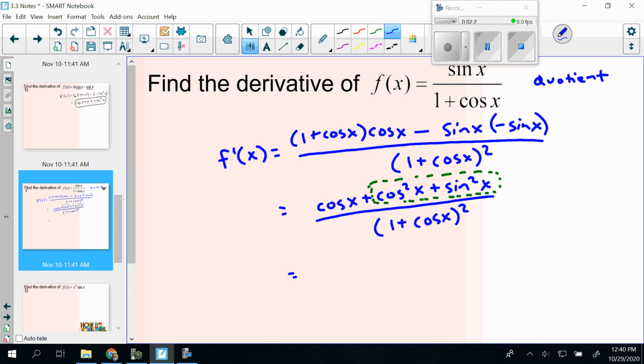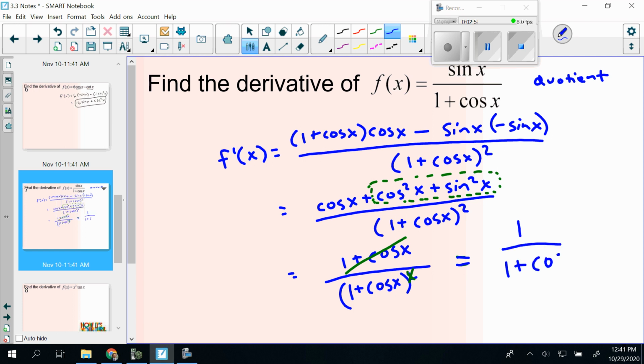So now we got 1 plus cosine x over 1 plus cosine x squared. And it looks like we can reduce further, because we've got 1 plus cosine x on top and 2 of them on bottom, so we should be able to cancel one of those out. So our final answer here would be 1 over 1 plus cosine x. That would be our simplified derivative on this problem.